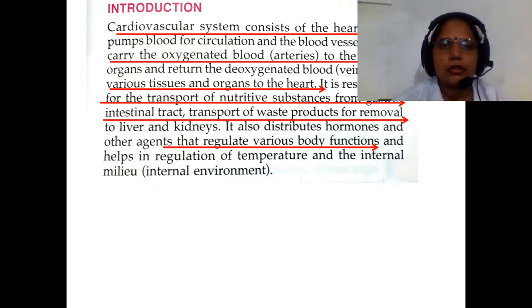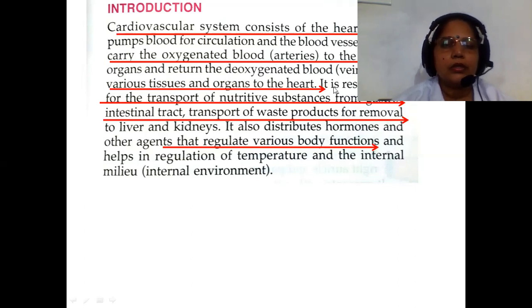The blood vessels carry the oxygenated blood, or pure blood, and who carries it? That is the artery. This oxygenated blood is supplied to the various organs and returns as deoxygenated blood, carried by the veins, from various tissues and organs to the heart.